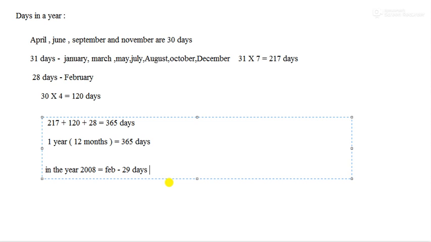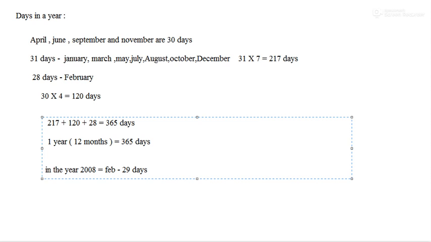Why is this so? When we talk about a year, it is actually the time taken by the earth to go round the sun once, but the earth takes 365 1/4 days to do so.